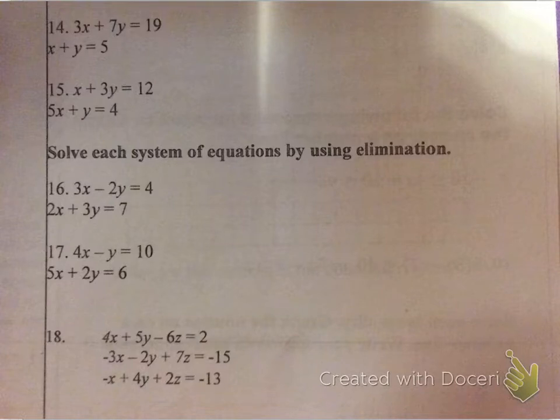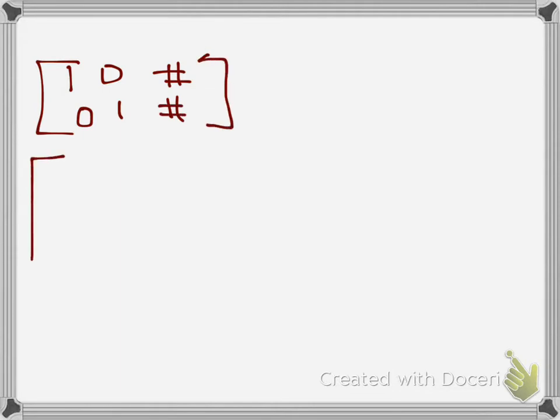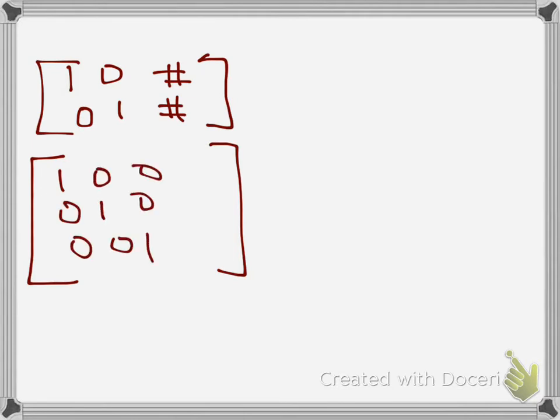Now, keep in mind, and I'll remind you of this, you are looking for an answer that goes like 1, 0, 0, 1, and then some numbers, like here. Or if it was three-dimensional, 1, 0, 0, 0, 1, 0, 0, 0, 1, and you're looking for numbers there.